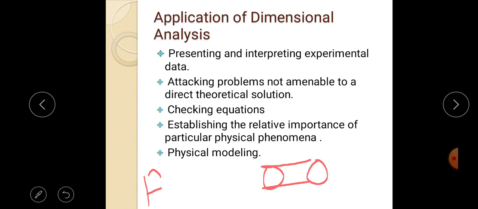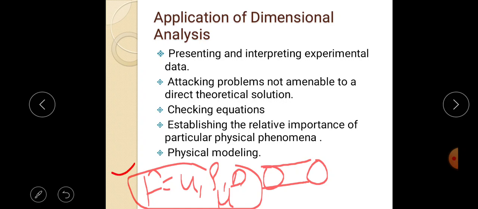It will depend on airspeed U, density rho, diameter d, and viscosity mu. So there are 5 variables: one is the dependent variable and the other 4 are independent variables.